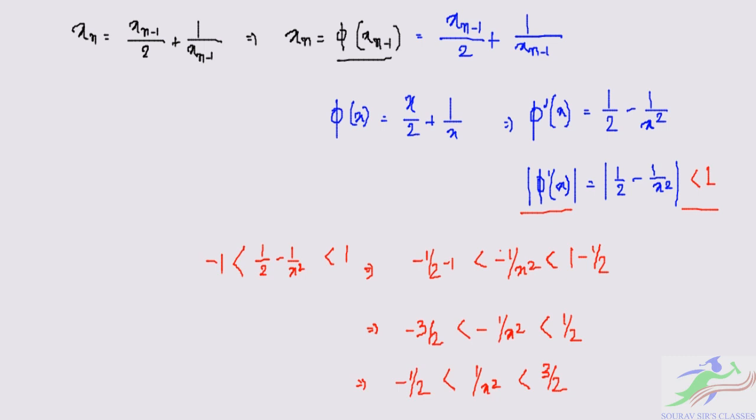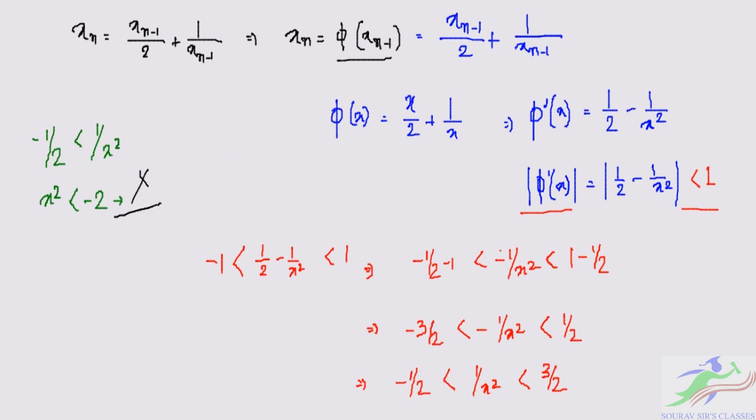Now the condition that minus half is less than 1 by x square is less than minus 2 is not possible.